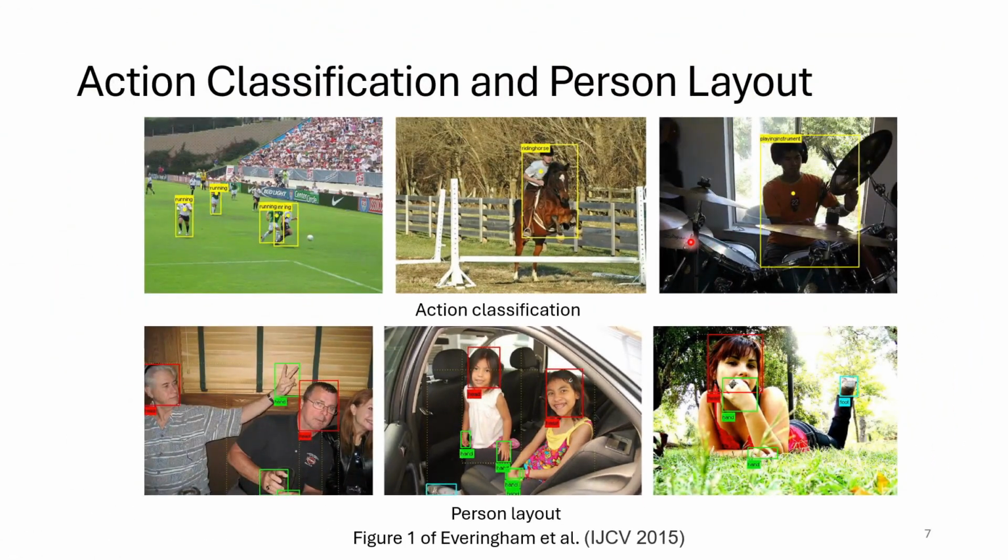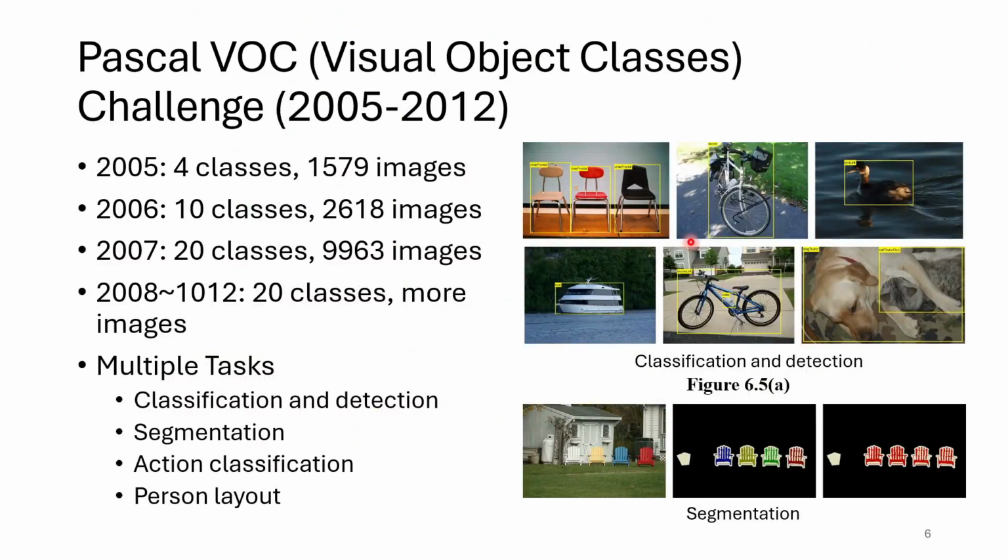So as you can see, the Pascal VOC challenge in its later years is a very challenging dataset, and they need well labeled data so that they can develop algorithms to attack the 4 tasks.